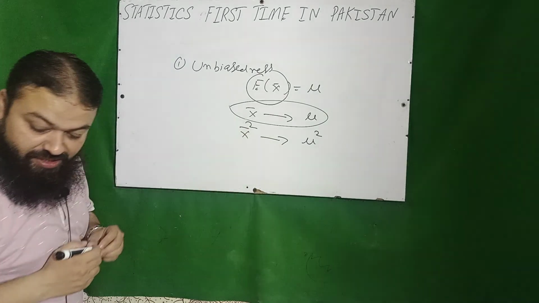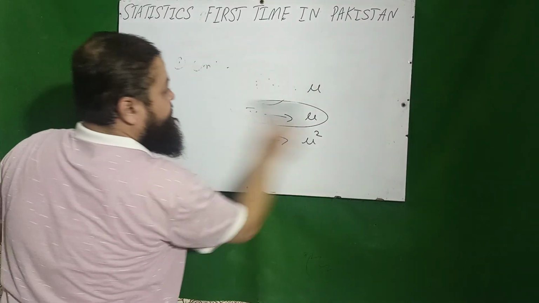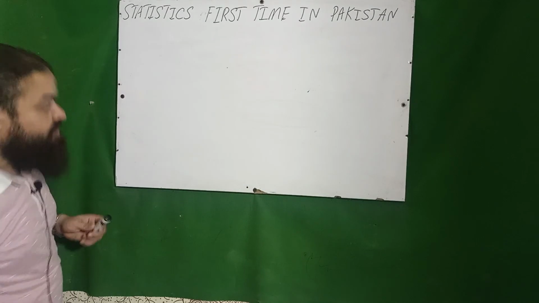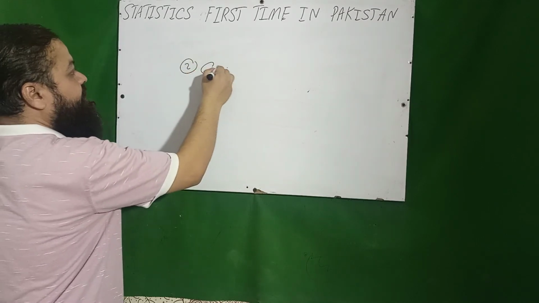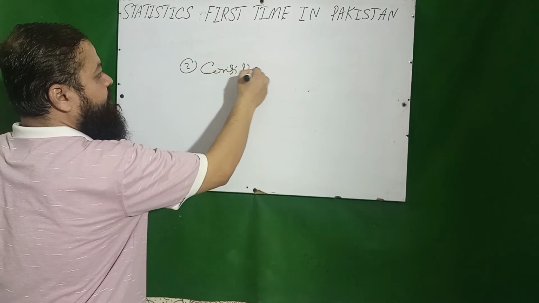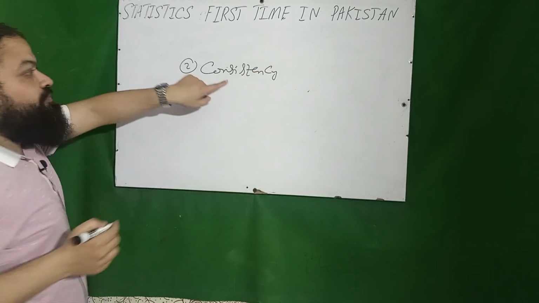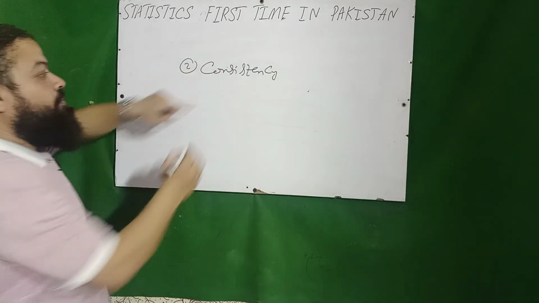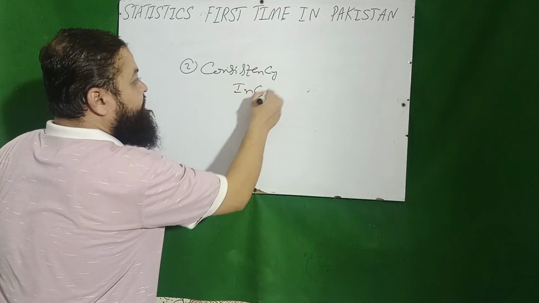A very important one. Then the next one is consistency. This property is also called the property of increasing sample size.